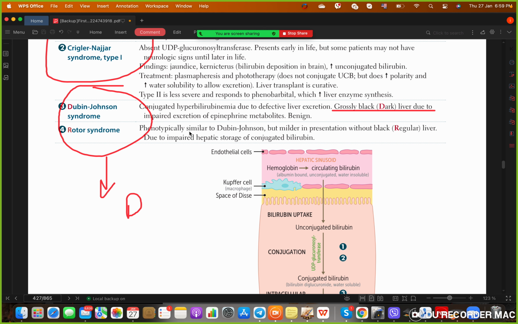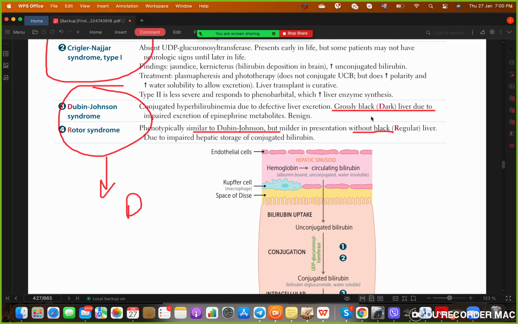And now Rotor is phenotypically similar to Dubin-Johnson. Everything is exactly the same. The only difference is that it's a little bit milder, and the liver is normal. It's not black. Okay? It's due to an impaired hepatic storage of the conjugated bilirubin.